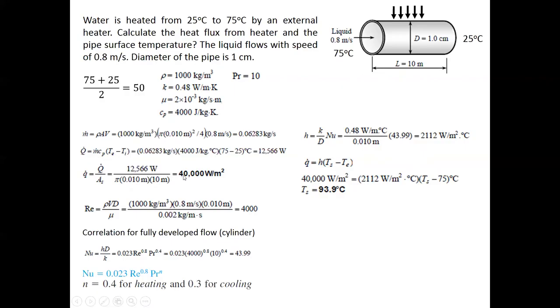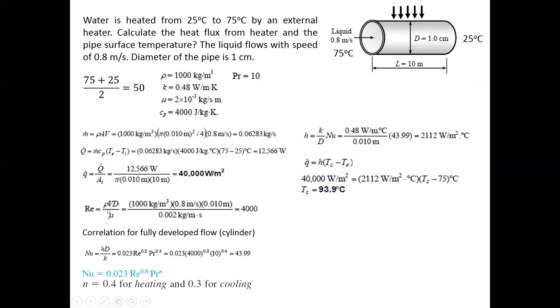You have 50,000 watt per meter square. Oh, sorry, 12,566 watt. Next, you want to calculate the small q, the heat flux. You need to divide the big Q by the internal surface area. The pipe diameter is 1 meter and the length of the pipe is 10 meters. So you have 40,000 kilowatt per meter square.